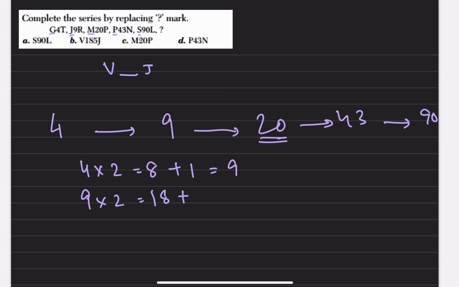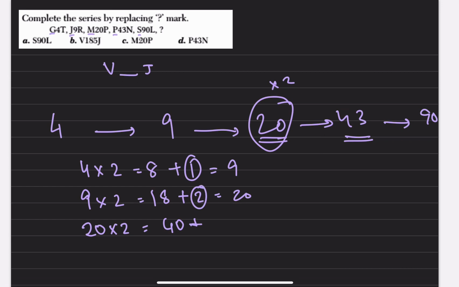That means they have added 2. It's 20. And 20 into 2 is 40, plus 3 is 43. They are not adding the same number. They're adding 1, 2, 3, 4, and so on. That means they're doubling the term, and then adding the next number in the series.